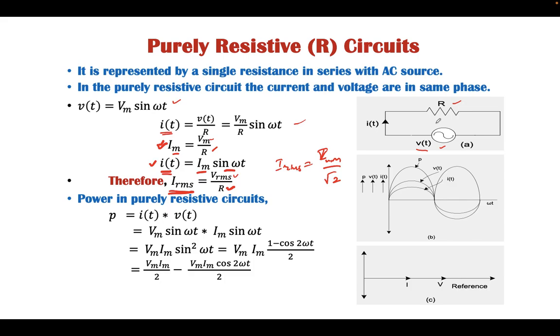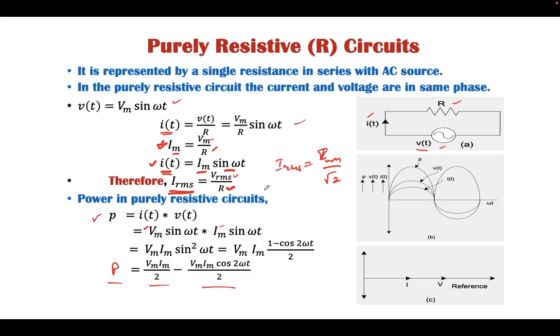Now in this circuit, because some voltage is applied and current is flowing, the power consumption will be P equal to i(t) into v(t). We know i(t) is Im sin omega t and v(t) is Vm sin omega t. Multiplying these two functions and further simplifying, P will be a function of time.